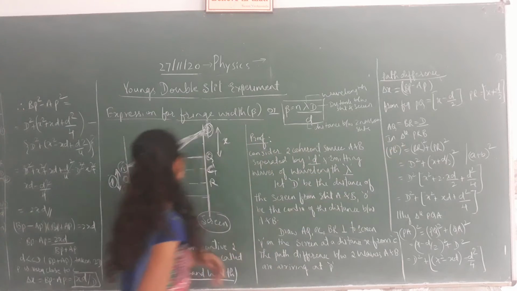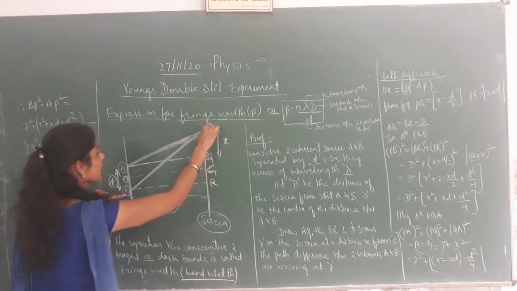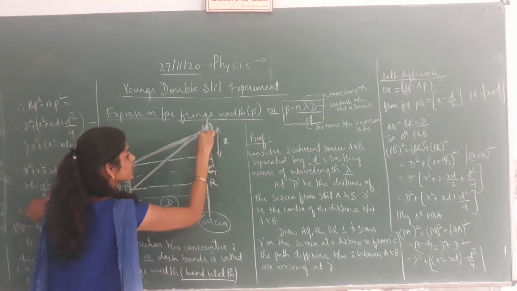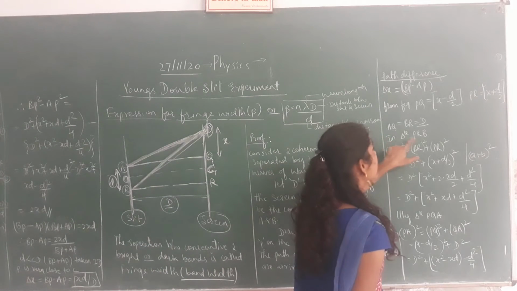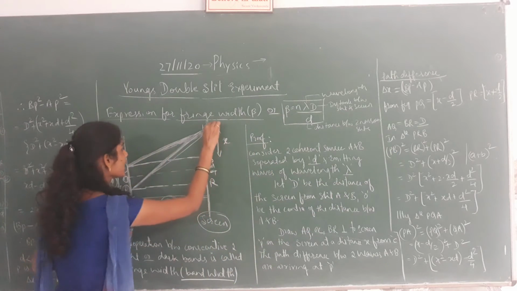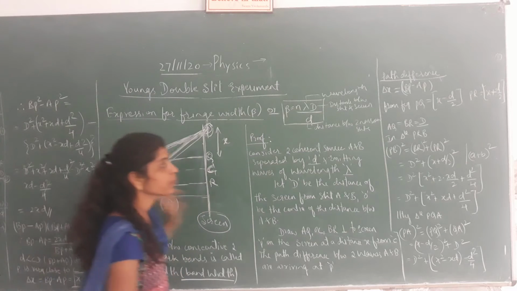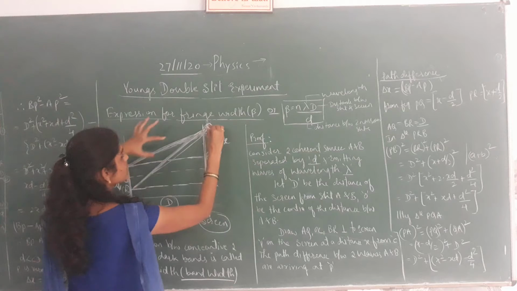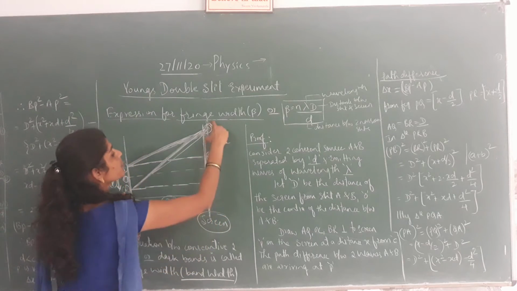So in the triangle PRB, PB square is equal to BR square plus PR square.